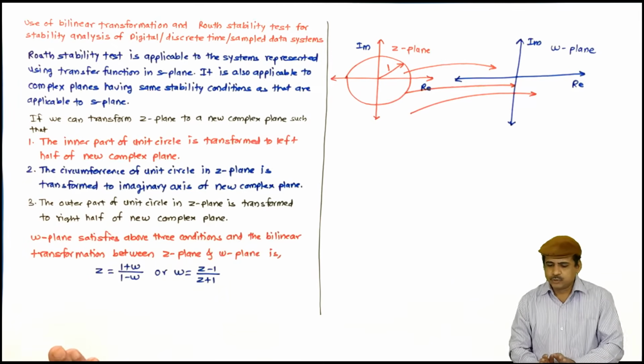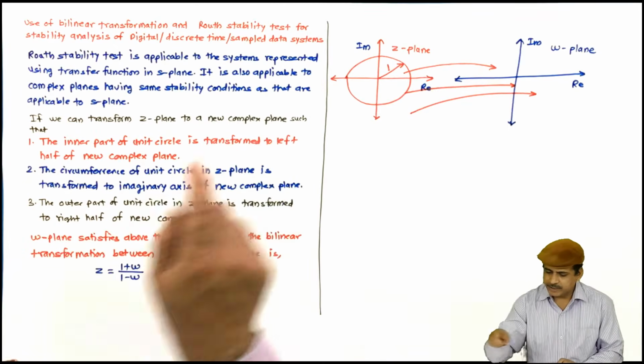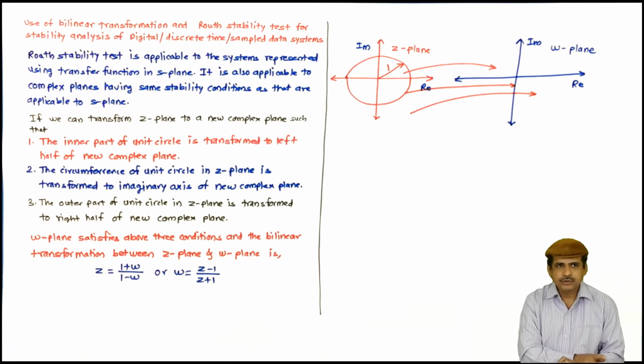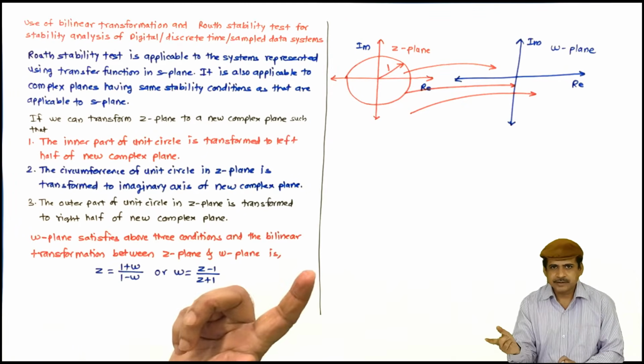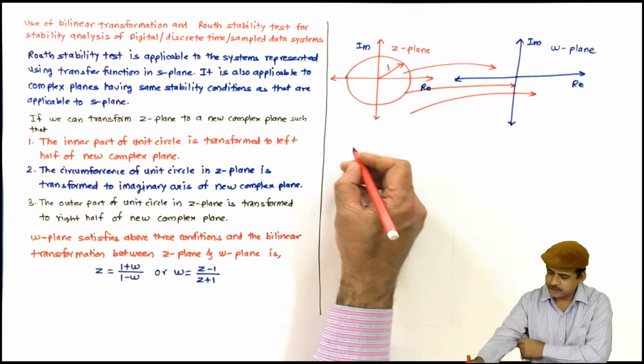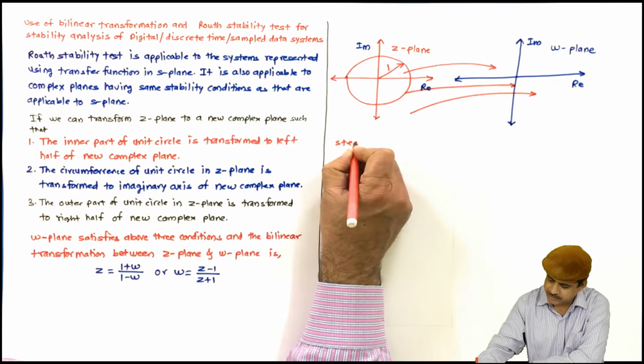So now what we can do, if we transform the characteristic equation P of Z equal to 0 to W plane, then we can apply Routh stability test. So let me mark the steps in stability test.